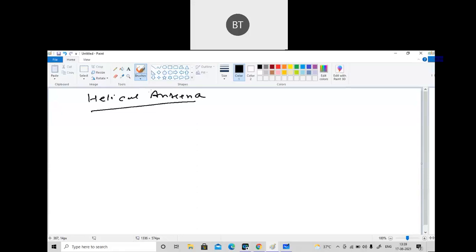So I will show you the diagram of this helical antenna. First of all, I will define what a helical antenna is and how it is made up. So basically, if you take a linear wire, you can take this conductor, and if the wire is wound like this, like this.